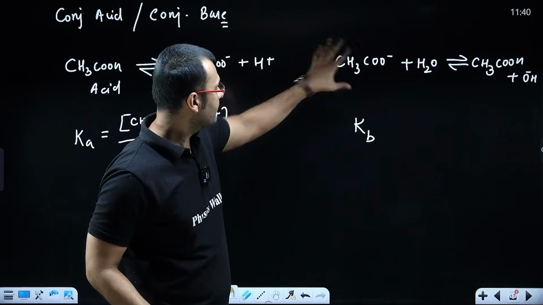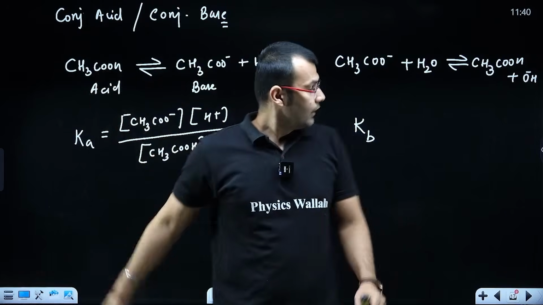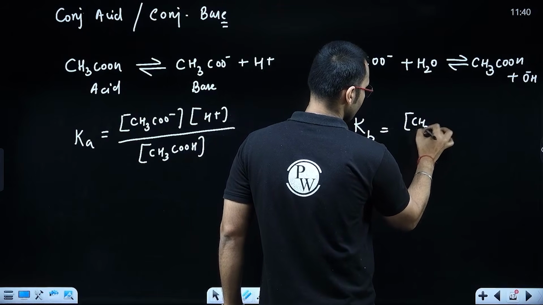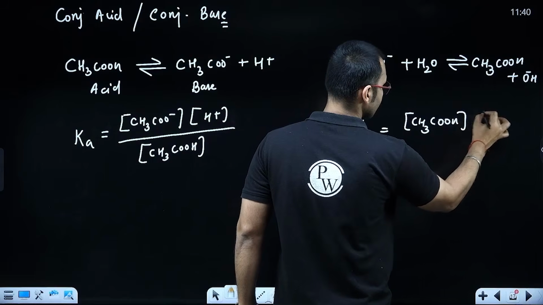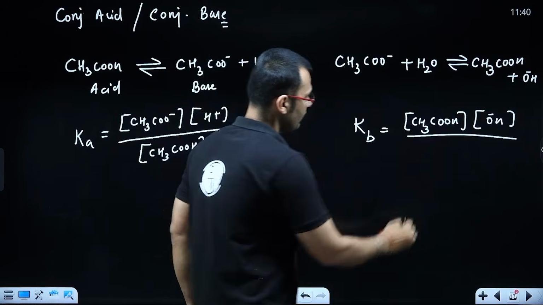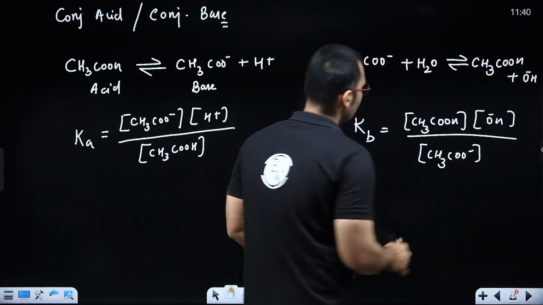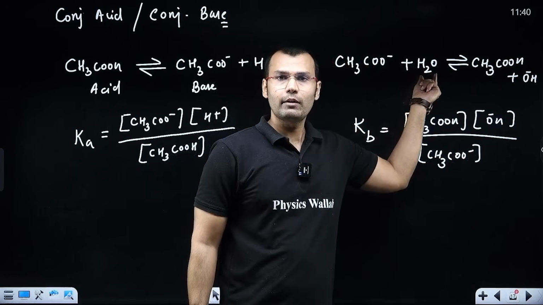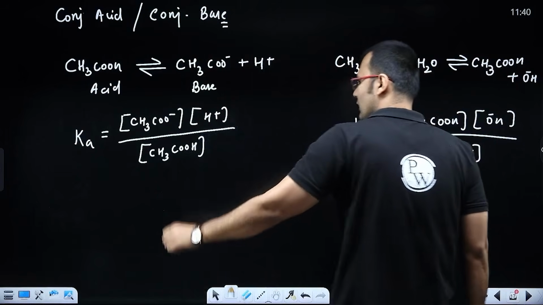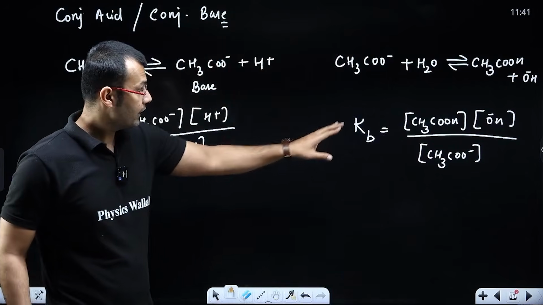Kb is for your acetate ion and Ka was for your acid, right? Now the expression of Kb will be concentration of acetic acid into concentration of OH minus divided by concentration of your acetate ion, and again water, because it's a pure liquid, you can put unity, right? So here the dissociation constant of conjugate acid is this and the dissociation constant of conjugate base is this.